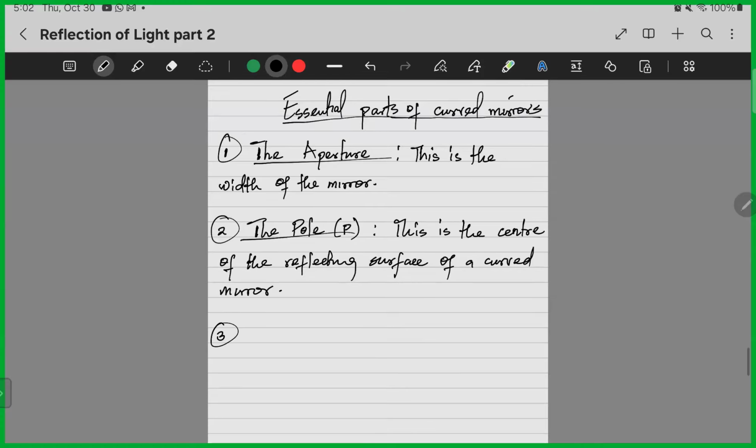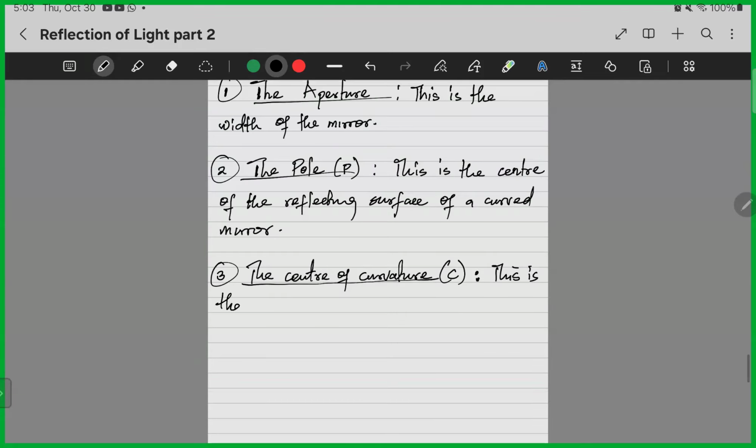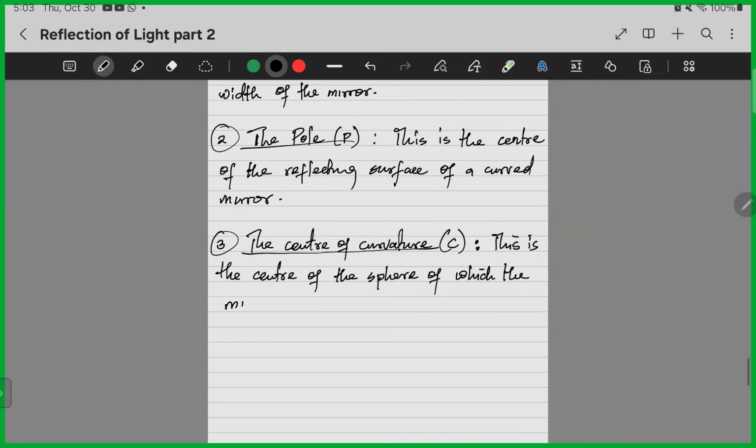There's another one called the center of curvature. This is the center of the sphere of which the mirror forms a part.